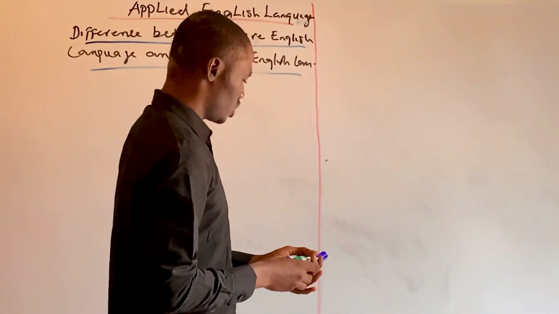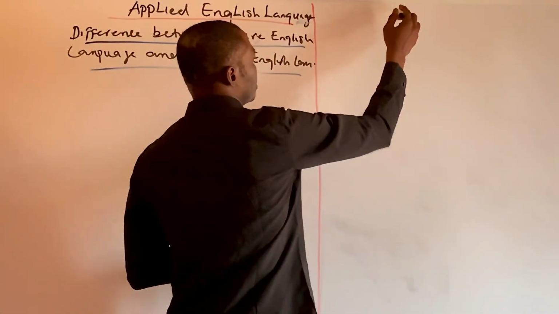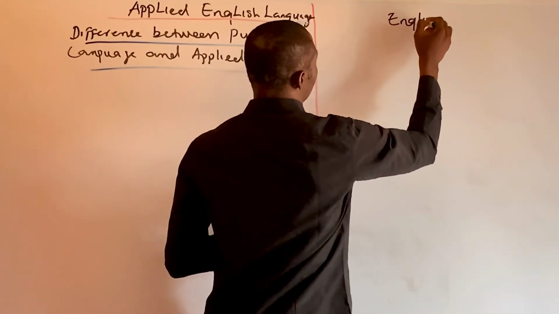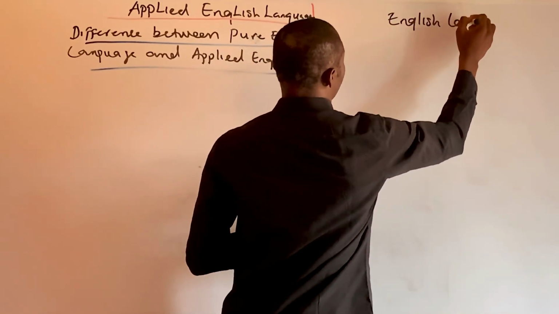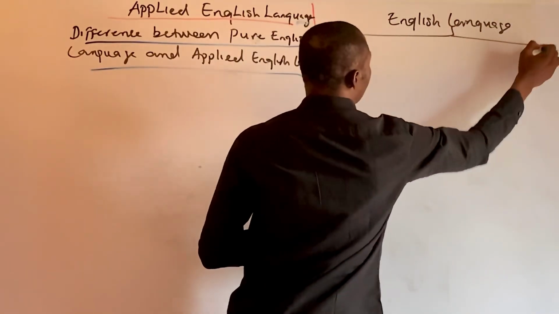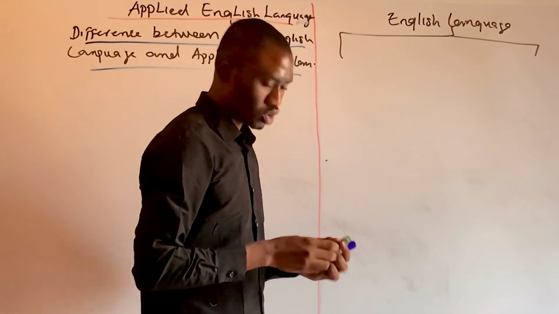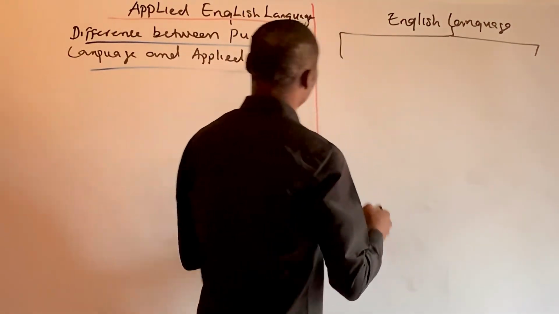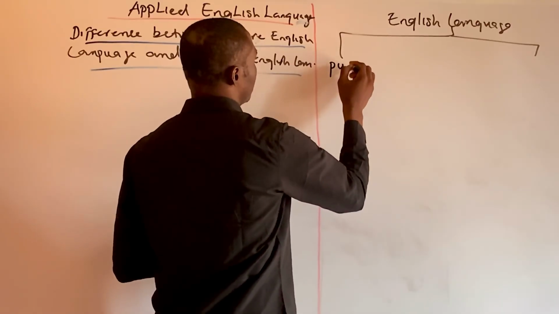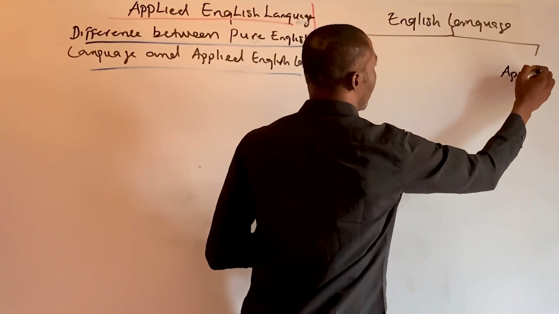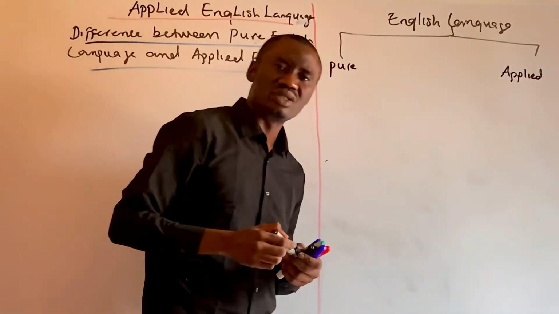Now, we need to know that English as a subject is divided into two disciplines or two branches. The first branch is the pure English language, and the other part is the applied English language.